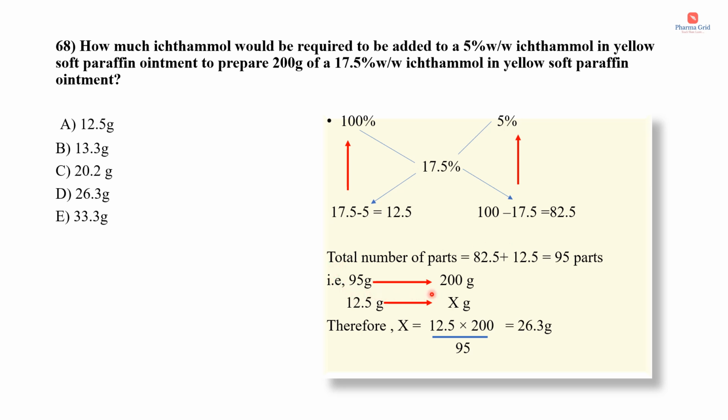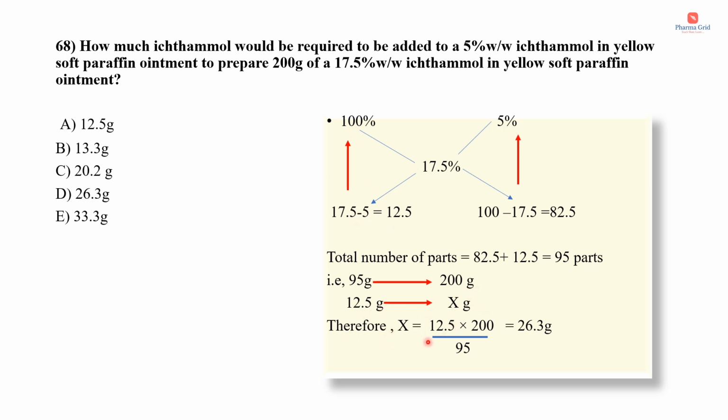As in the previous question, express this in gram. 95 gram is present in 200 gram, because in the question we need to prepare 200 gram. So 95 parts correspond to 200 gram, and 12.5 parts contain x gram.